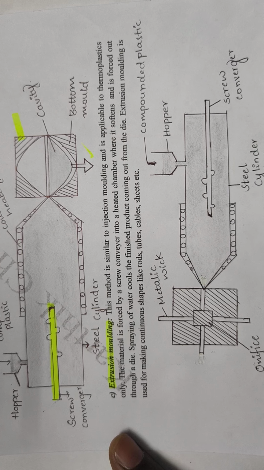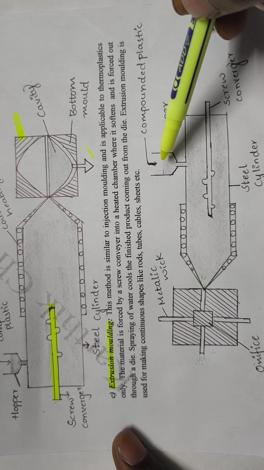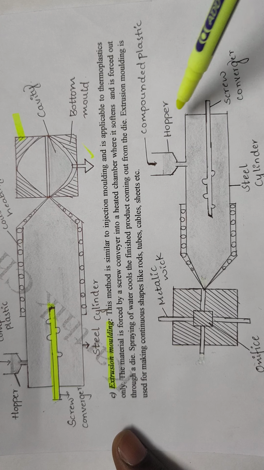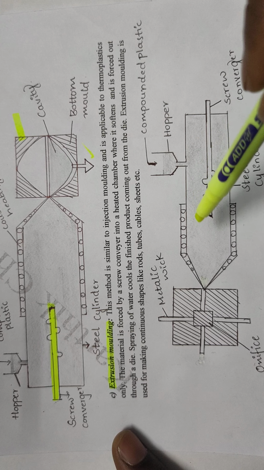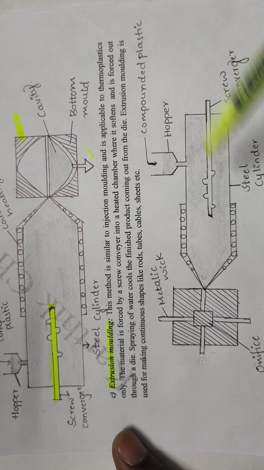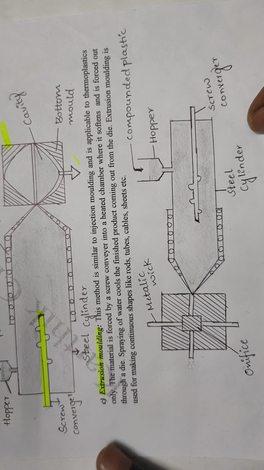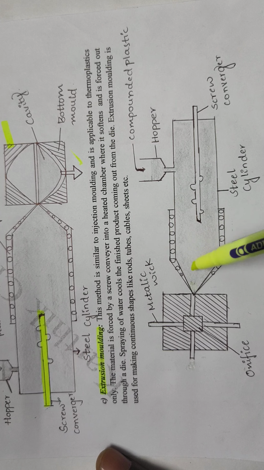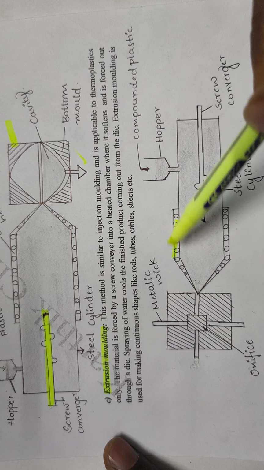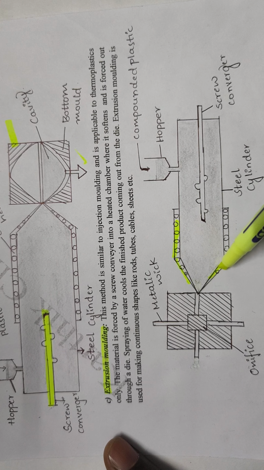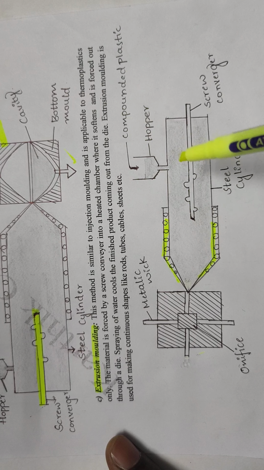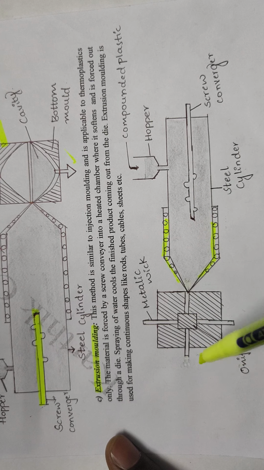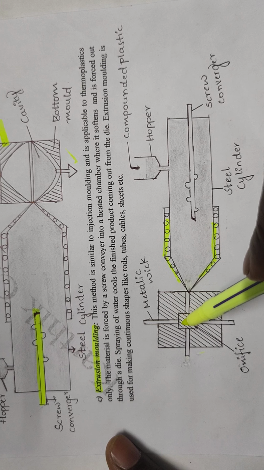So see here, the compounded plastic powder is introduced into the hopper, and then it is converted into viscous liquid in this steel cylinder because of heated coils. Then it is forced into the orifice.